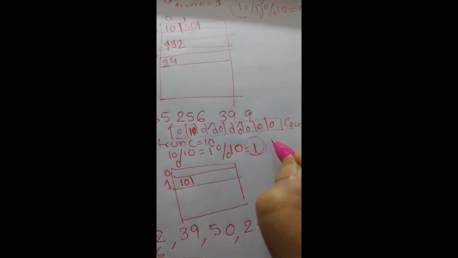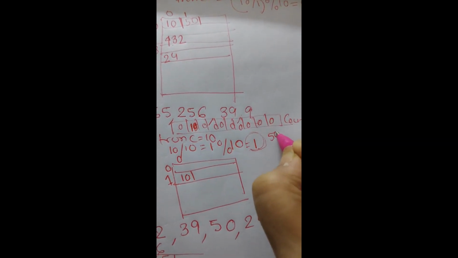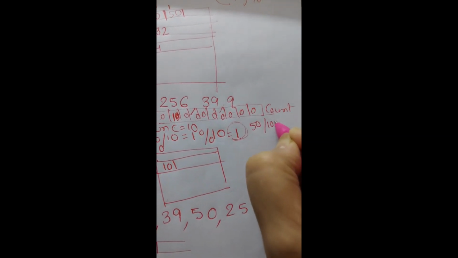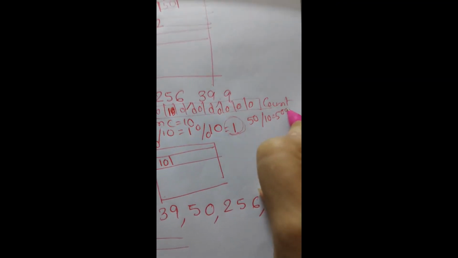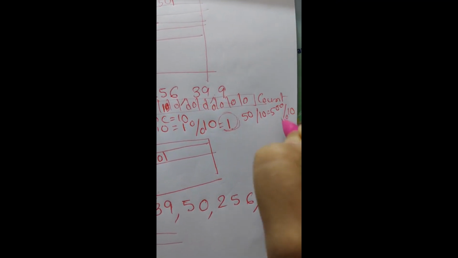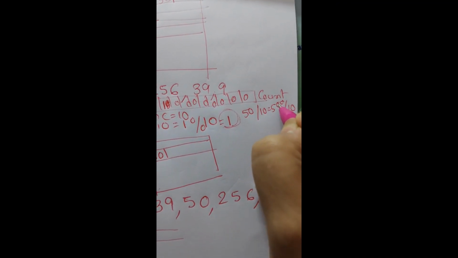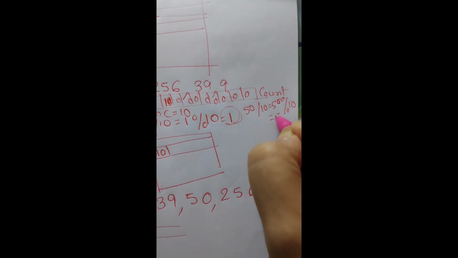Now the next number is 50. So you see how the expression would go. The expression would be 50 divided by 10, which is 5, mod 10, that is mod r, that is 10. So we will get 5.